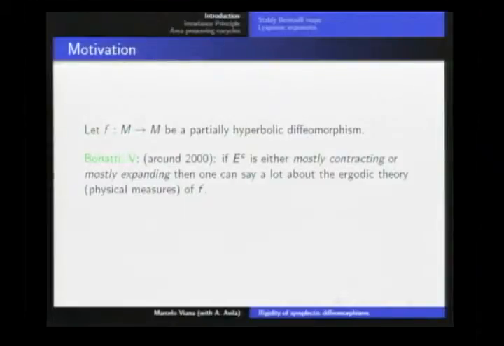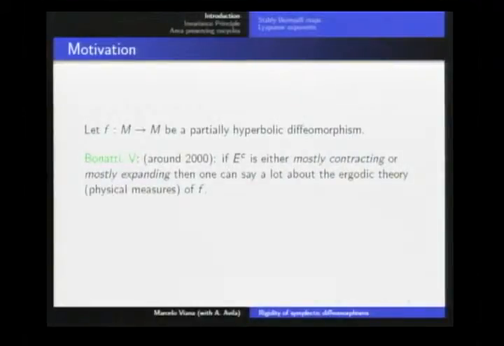By that I mean that we could prove that under either of the two assumptions, these maps have a finite number of physical measures, and the basins of attraction of these physical measures cover almost every point. So the asymptotics are well defined. The Birkhoff time averages are well defined almost everywhere.